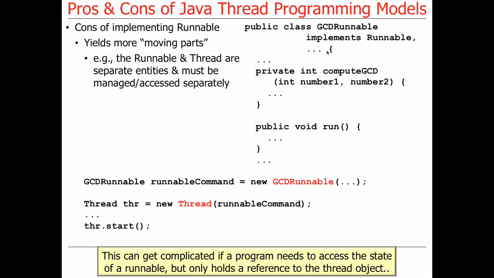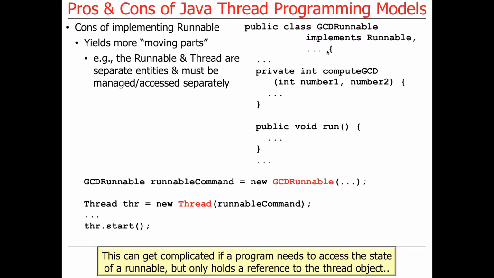So remember before, if you extend thread, then your instance of your subclass both has ways to get to the state of your subclass as well as be able to do thread things to it, like interrupt it. If they're centralized, they can be used together. When you split them apart and have a Runnable and a thread or an executor, now you've got to keep track of more things if you want to be able to access the state and also manipulate this object as a thread. So that gets a bit more complicated, right?